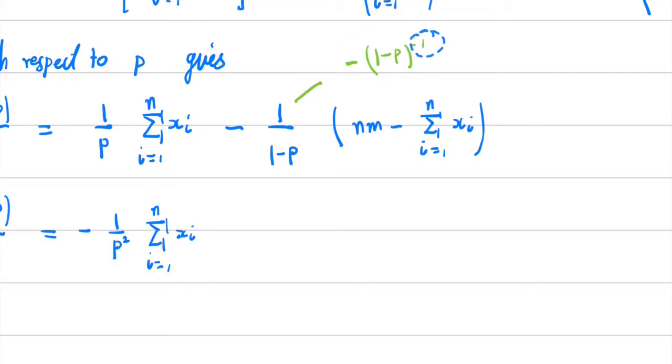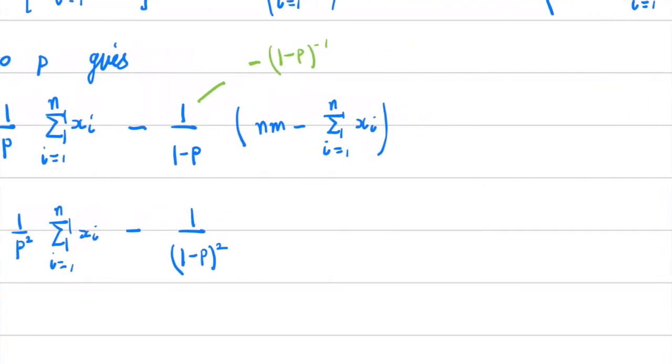Then this becomes a negative 2, of course, because you take 1 off the power. But then we've also got to differentiate the inner function, which just becomes negative 1. So we actually still end up with a negative at the front. And so altogether, that becomes minus 1 over (1 minus p) squared, because of that negative 2, times nm minus the sum from i equals 1 to n of xi.